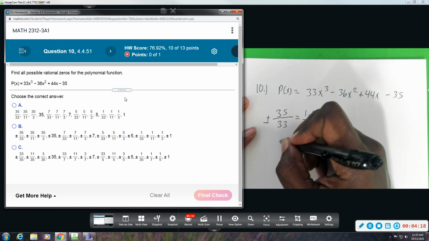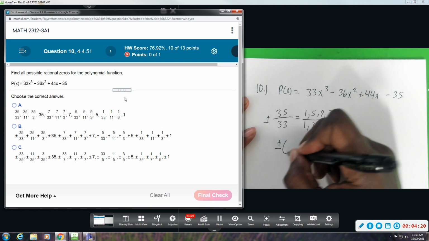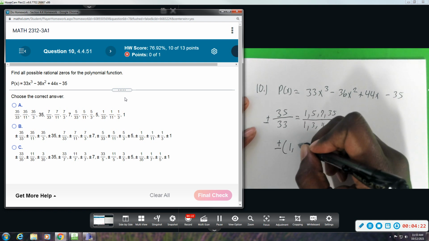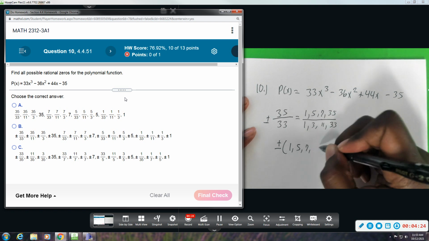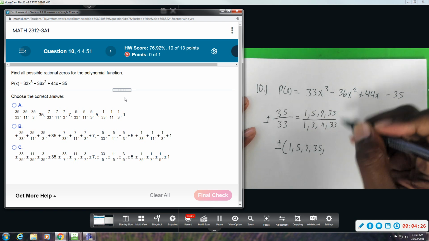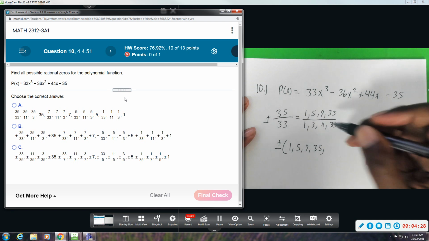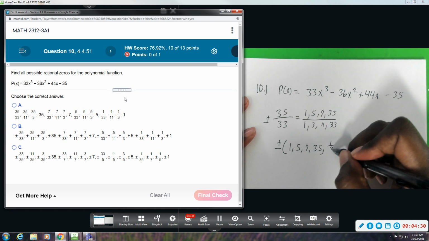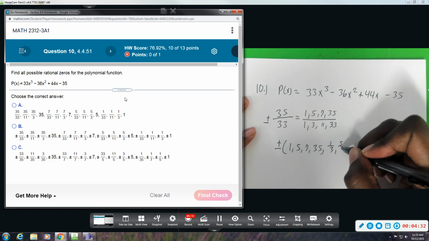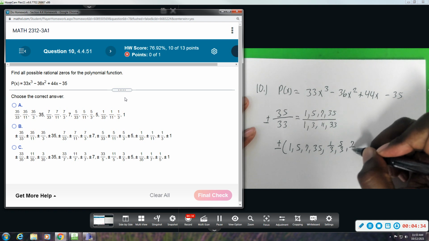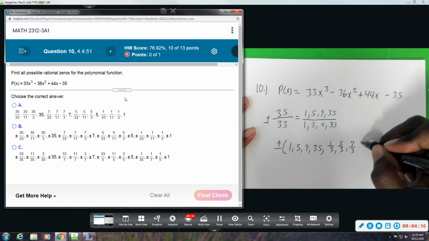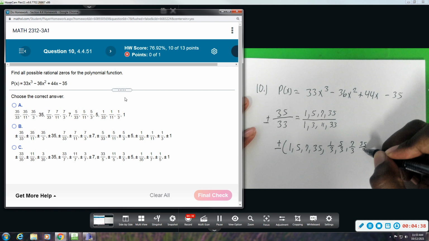So possible zeros are positive or negative 1, 5, 7, and 35. Then you're going to divide all of those numbers by 3. So 1 over 3, 5 over 3, 7 over 3, and 35 divided by 3.